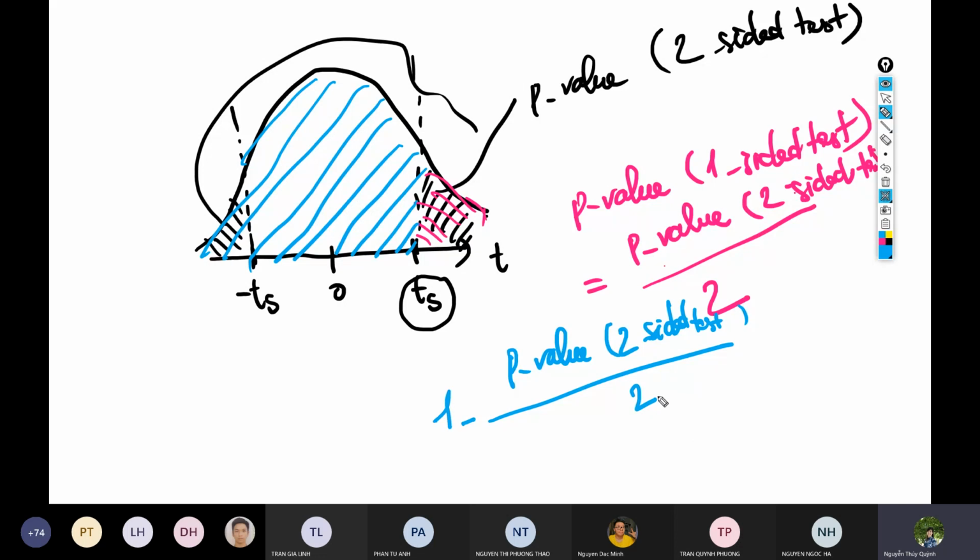This one would be the area to the left of our observed value of t. In this case, t is a positive number. So remember that whether you are testing what you see in the sample or the opposite of what you are seeing in the sample will determine the corresponding p-value.